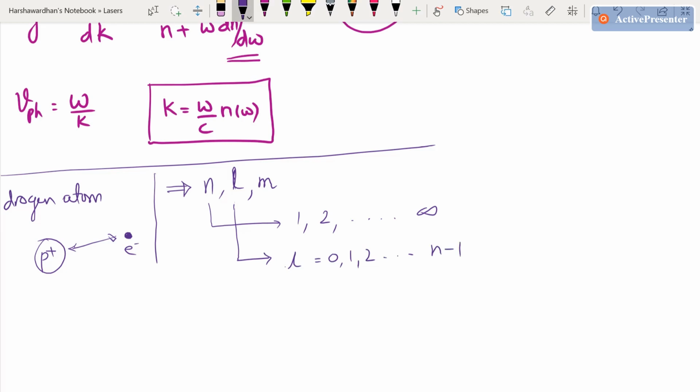So every quantum number n has appropriate possibilities of the angular momentum.